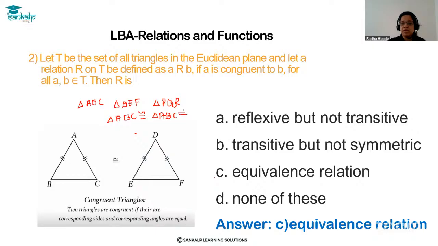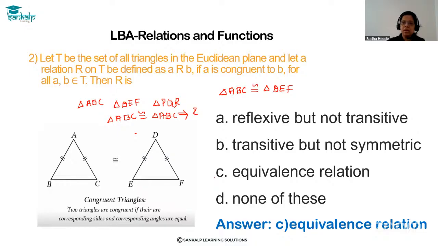This implies R is reflexive. Now, triangle ABC is congruent to triangle DEF. So corresponding angles of ABC are equal to corresponding angles of DEF.